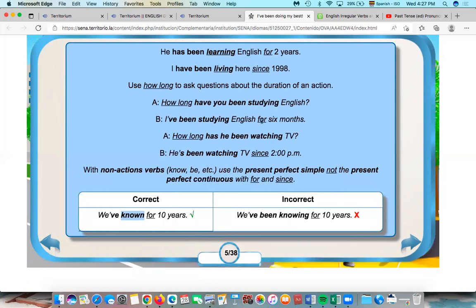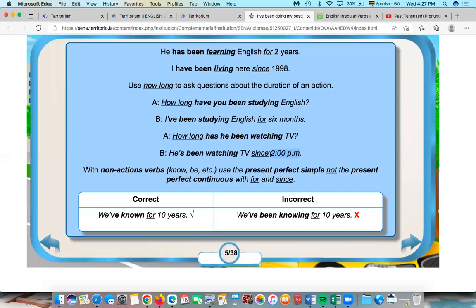And we use for when we say the number, 6 months, right? And we use since when we say the specific date, specific year, or specific time. For example, since I was a child, since I was 7 years old, since I was in high school, it's very specific.